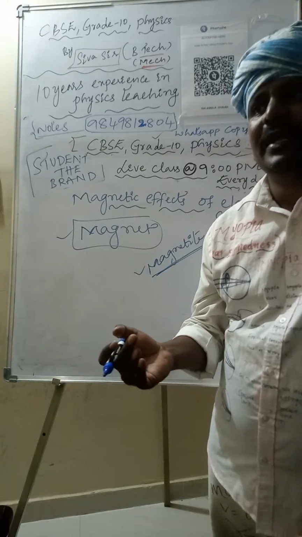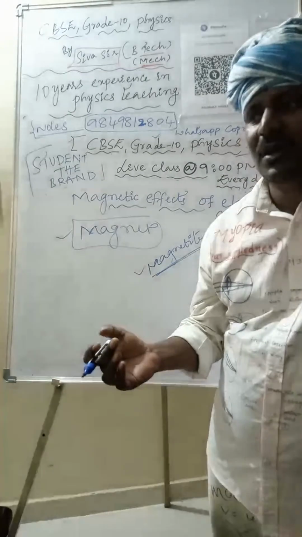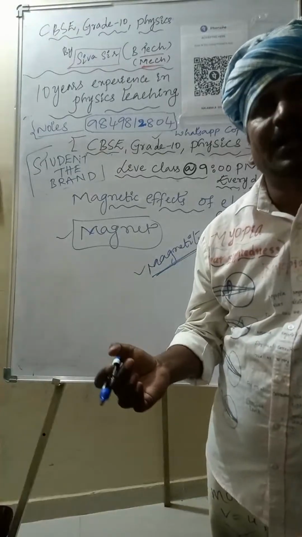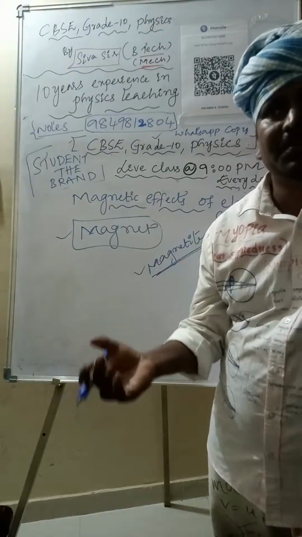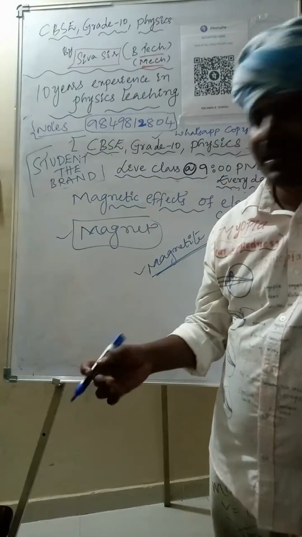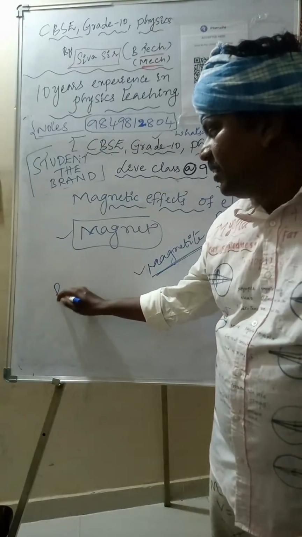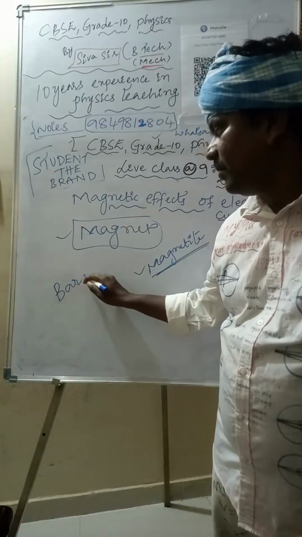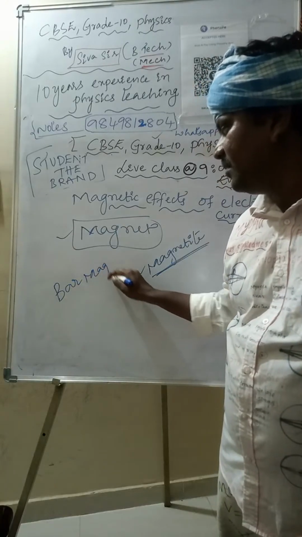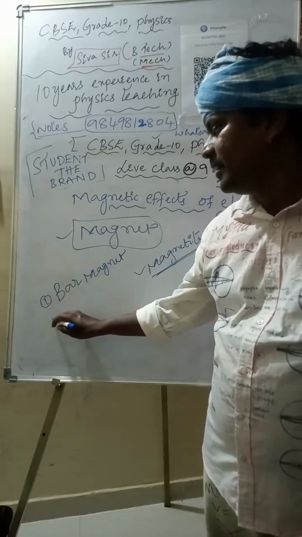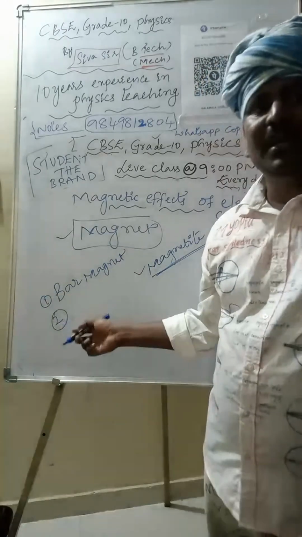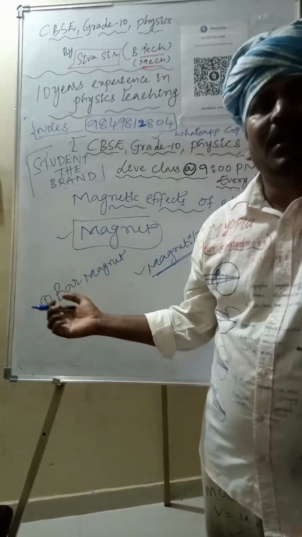Next, artificial magnets. For artificial magnets, there are the bar magnet, horseshoe magnet, dumbbell shaped magnet. So we can take a bar magnet. The first one is the bar magnet, the second one is the horseshoe magnet, then the dumbbell shaped magnet, like that.